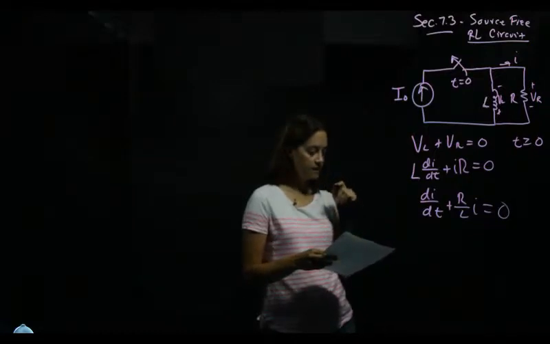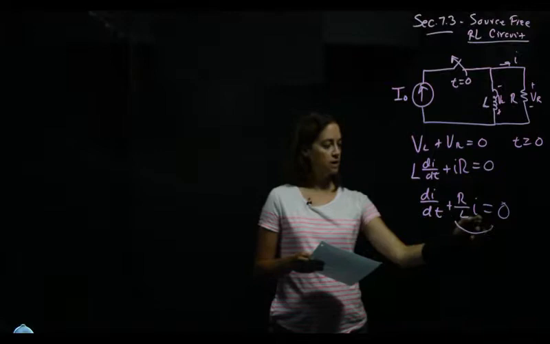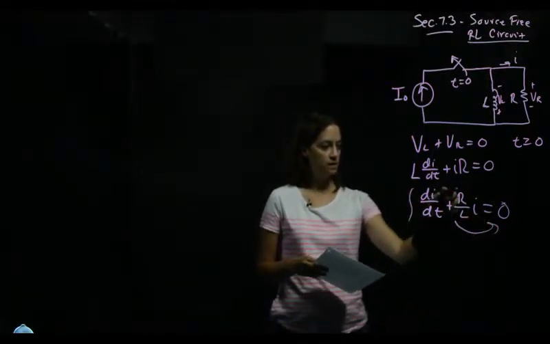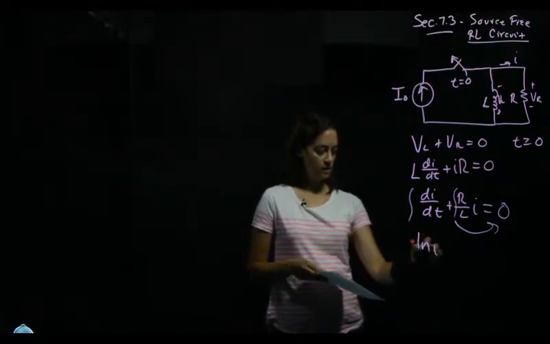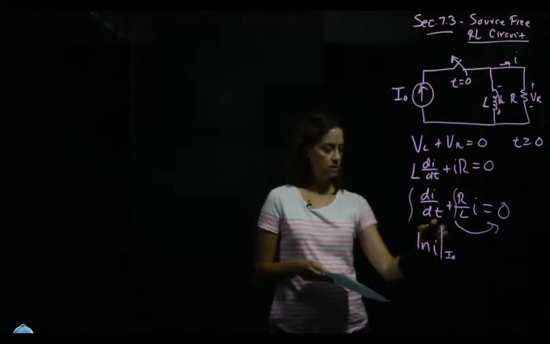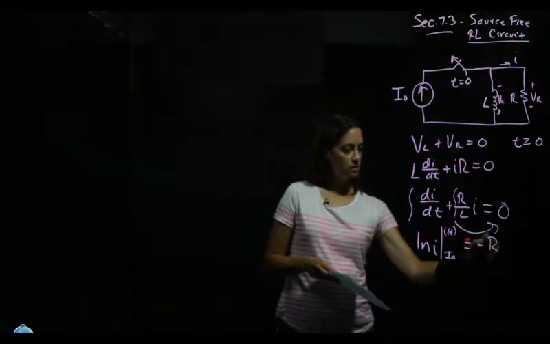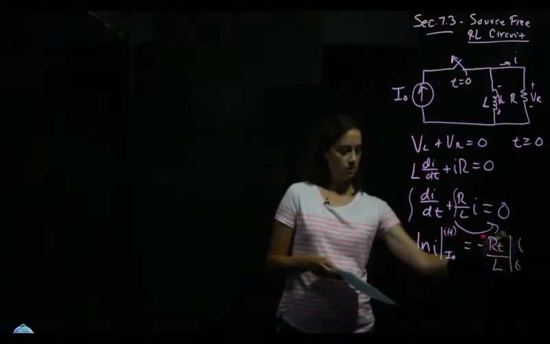Go ahead and move this over to the other side and then integrate. So I'm going to integrate, and I'm going to get ln from some initial current I naught to i(t) is equal to minus (R/L)t from 0 to t.